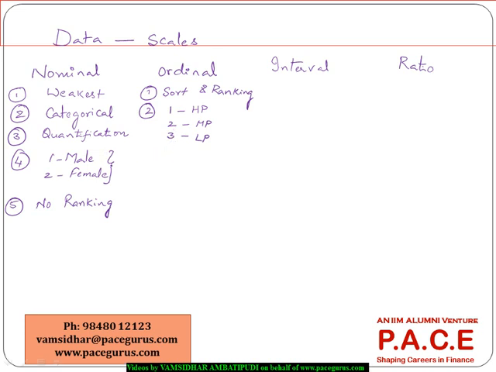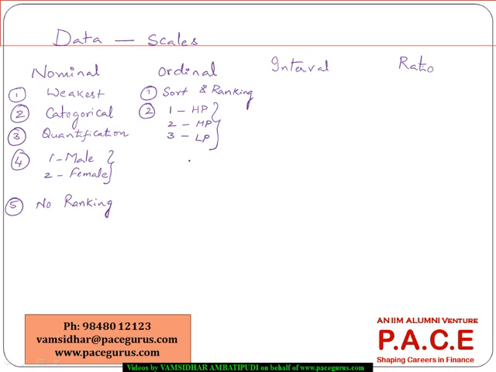Whereas here there is no such kind of a ranking. Here also I am doing the categorization of the data only. It's still categorical data, with quantification done to that categorical data, but the only difference is there is some kind of a ranking.